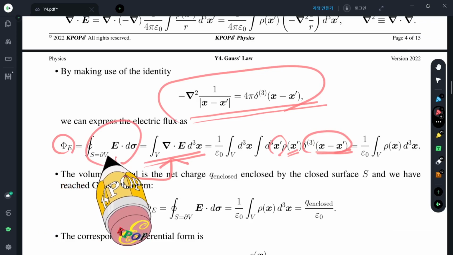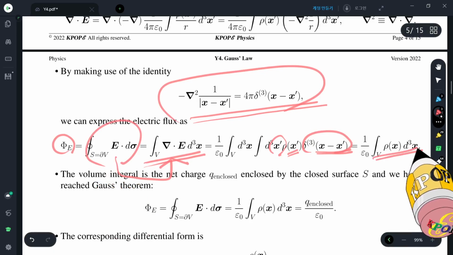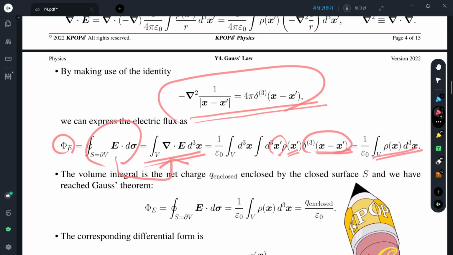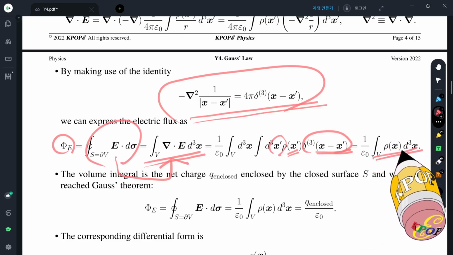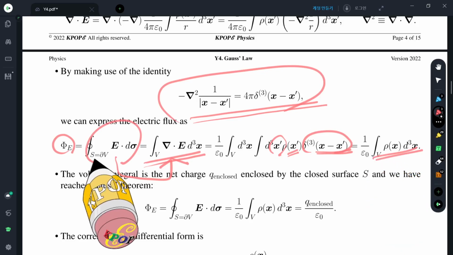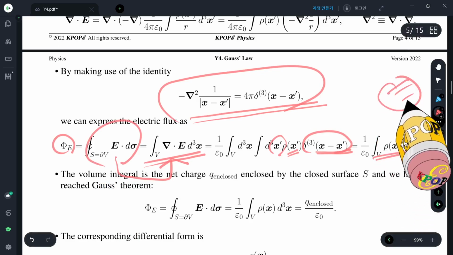So at the end of the day, you will find that the electric field flux passing through a closed surface that encloses a volume V is nothing but the volume integral of the charge density. What's that? The volume integral of the charge density is the net charge enclosed by the closed surface S. That is the net charge inside the volume.